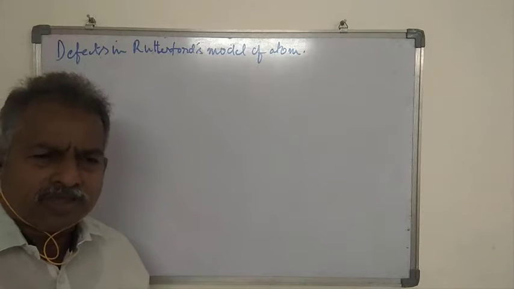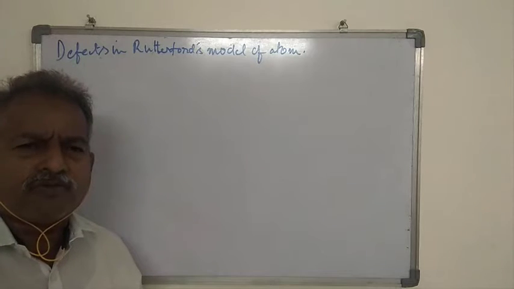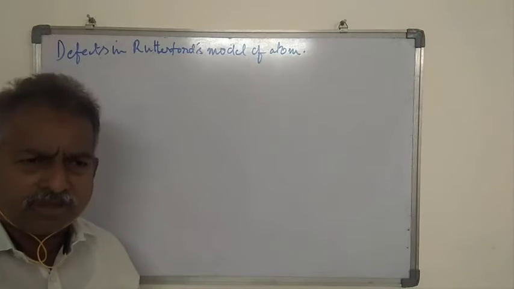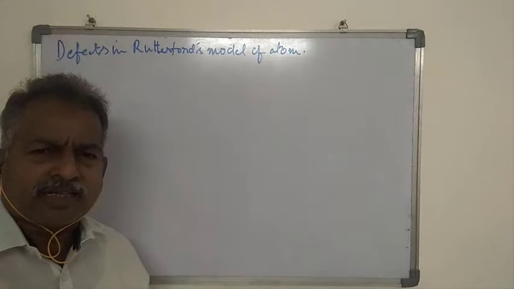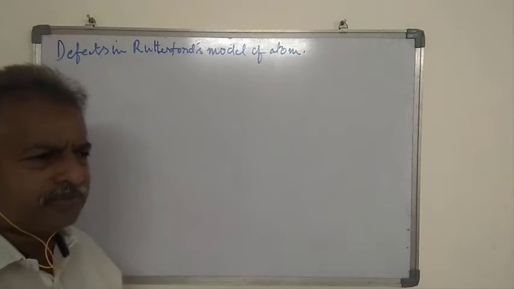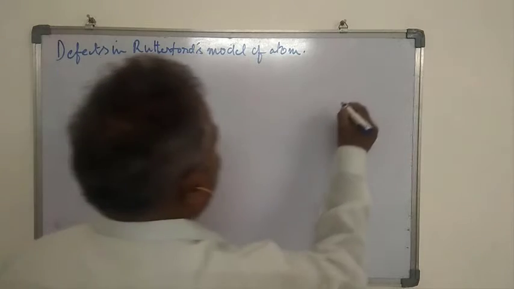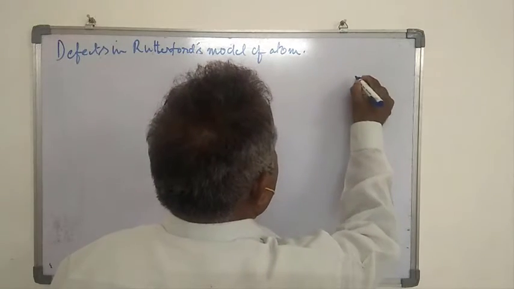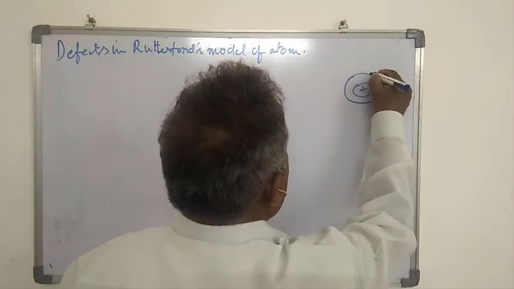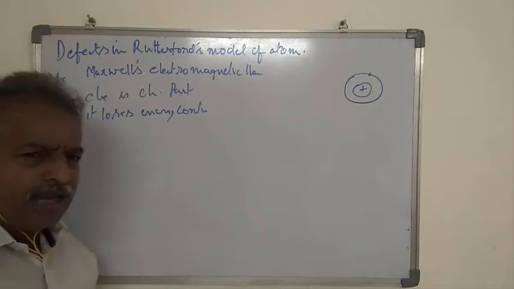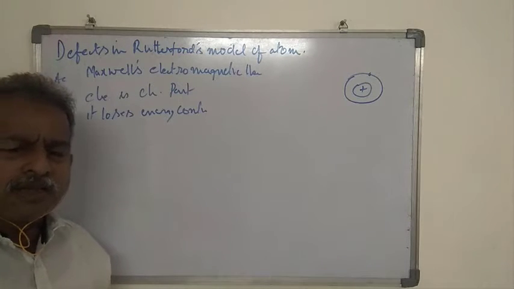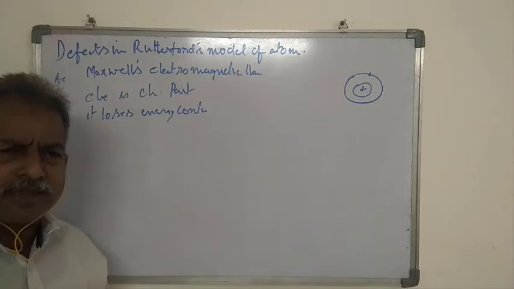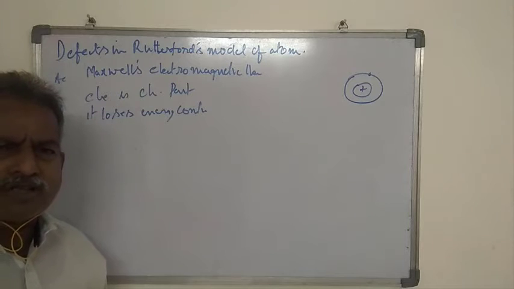Rutherford stated that electrons revolve around the nucleus like planets revolve around the sun. So, this is nucleus and this is electron. As per Clerk-Maxwell's electromagnetic theory, if a charged particle revolves around a fixed point, then it loses its energy continuously.